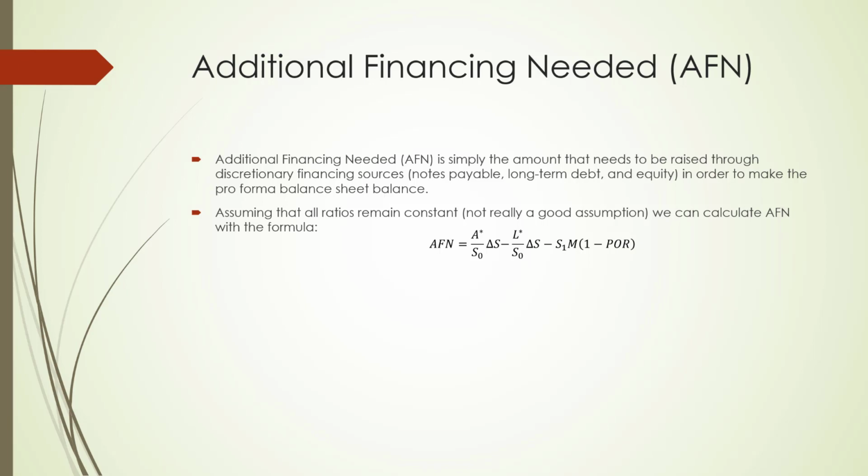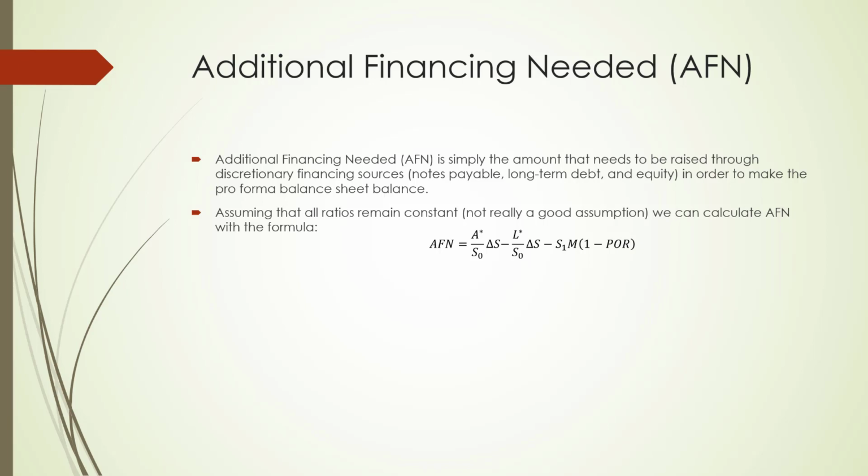And in this mini case, that is all of the assets. So if we take those assets divided by sales and multiply by the change in sales, that tells us how much we're going to need in additional assets. And remember, for every dollar in additional assets, we need an additional dollar of financing.